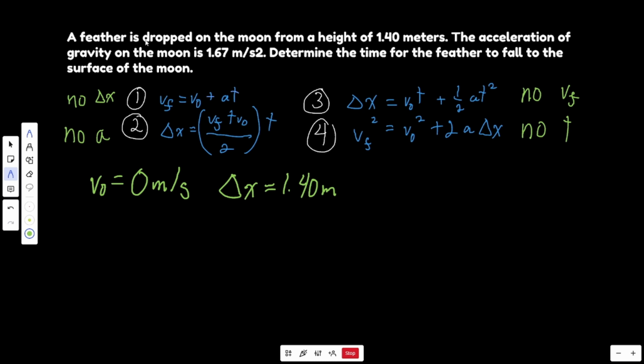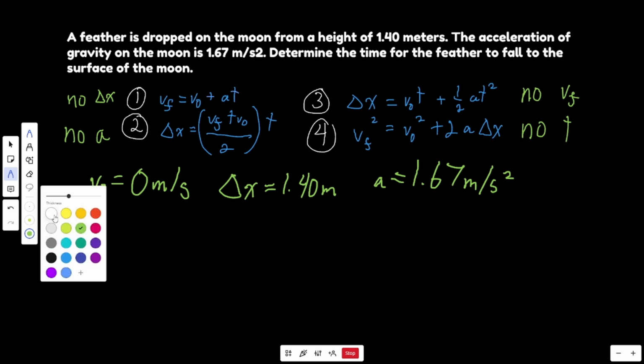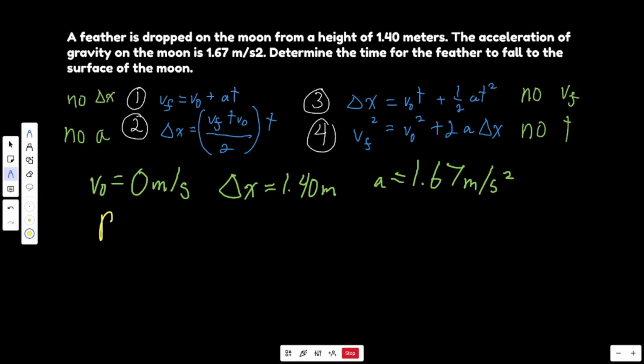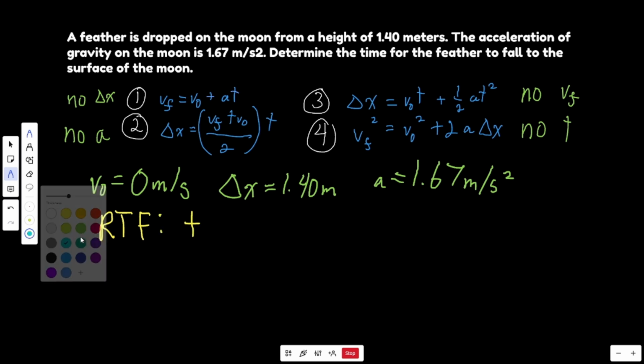And now we also have gravity given, which is an acceleration, and apparently the acceleration of gravity on the moon is 1.67 meters per second squared. So now we have to find time. We're required to find time. So what equation should we use? Let's take a look.